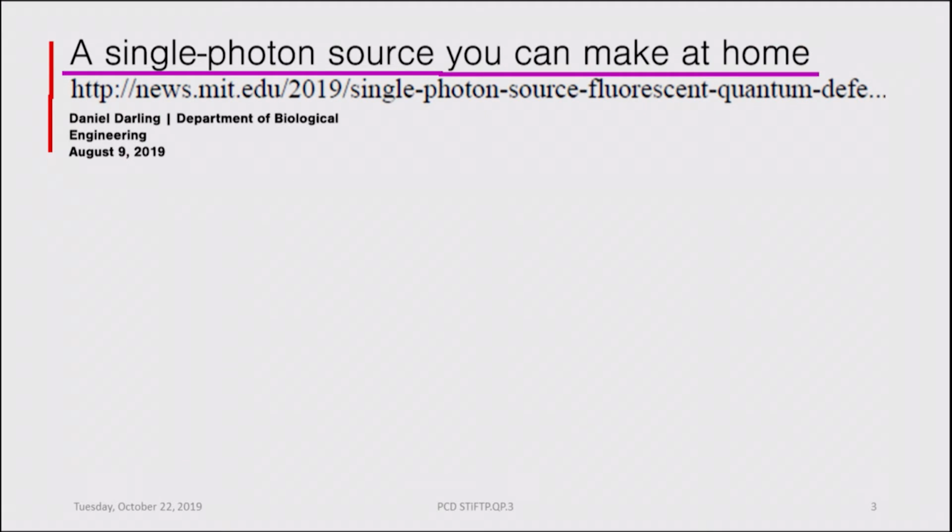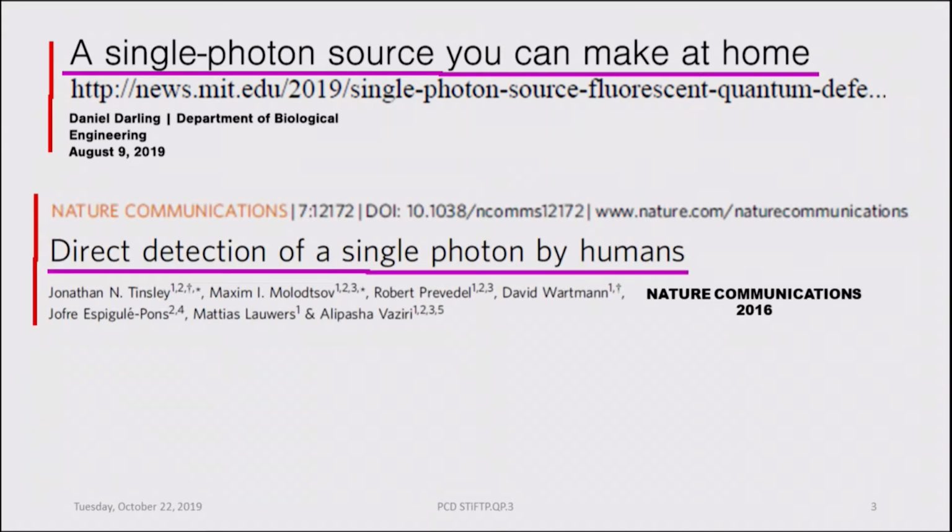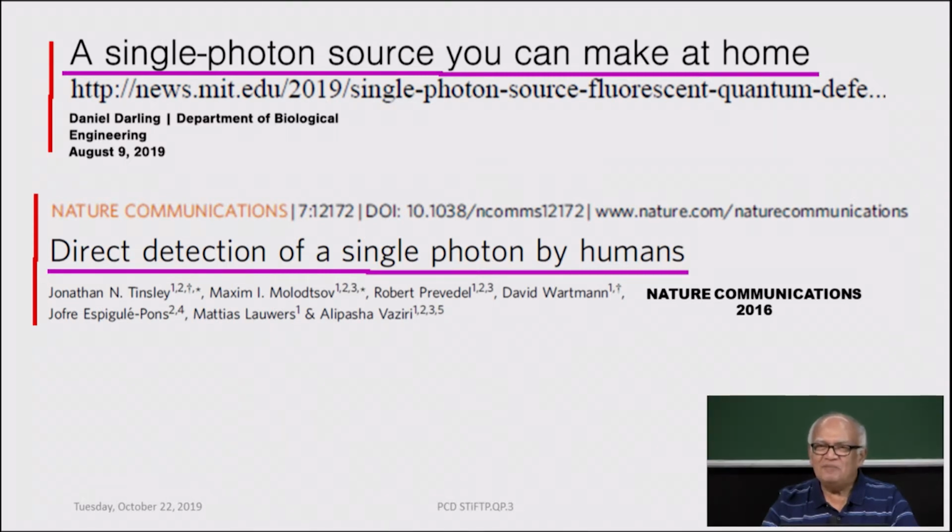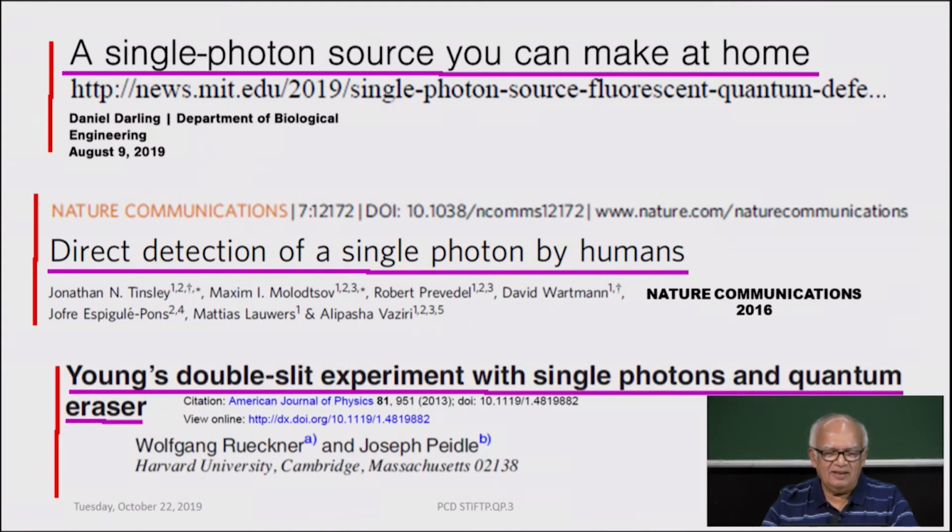Here is a reference to a paper, a single photon source that you can make at home. Then here is another reference, direct detection of a single photon by human eyes. Here is another reference in Nature Communications just few years ago. So, look it up, and then there is another nice paper in the American Journal of Physics on Young's double slit experiment with single photons and quantum eraser that I will suggest that you read up.